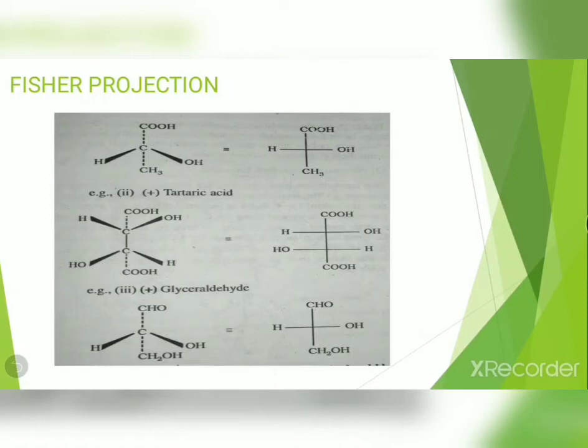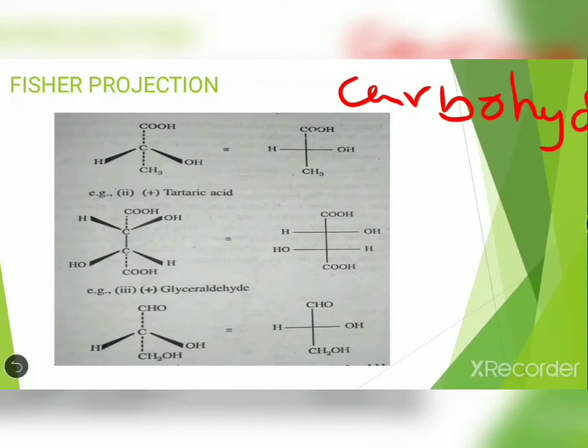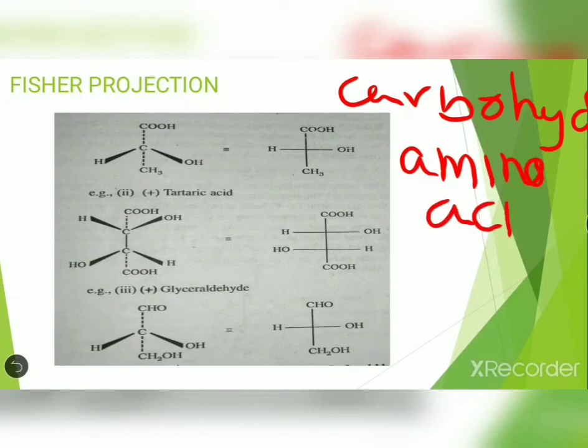This projection formula is particularly useful for carbohydrates and amino acids, which may have chiral atoms. Fischer projections are particularly useful for compounds with two or more stereogenic centers.